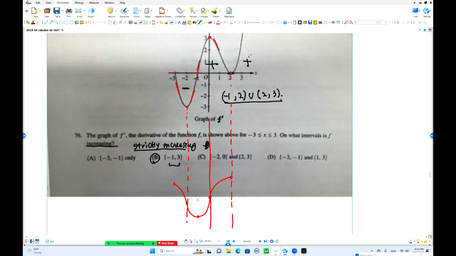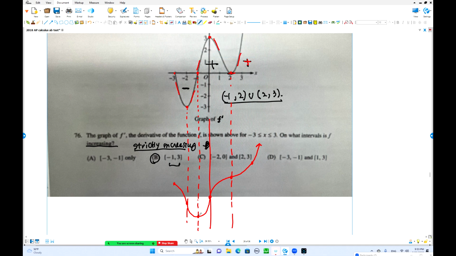After that, still increasing, right? This is 0, but still increasing, concave up, increasing. Okay? That's the graph. Up to 3 over here, finish up to 3. So where is this strictly increasing? From negative 1, all the way to 3, okay?